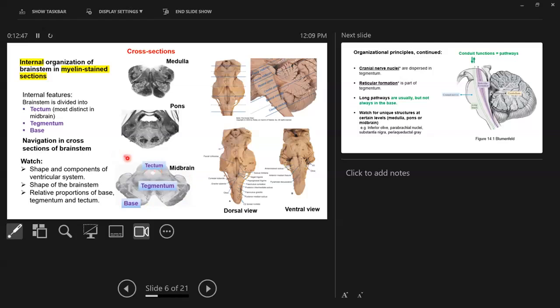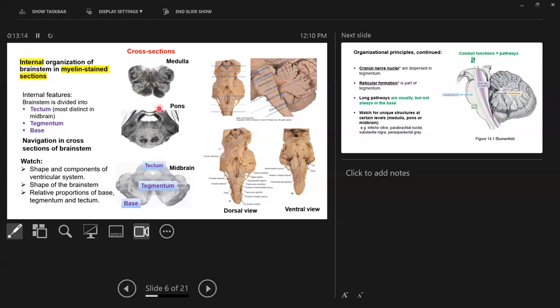say that we have tectum, tegmentum, and base. Tectum, as I said earlier, is only visible in midbrain. This is in fact the tectum dorsally, superior and inferior colliculi of midbrain, and a very broad central region throughout. We call that the tegmentum.